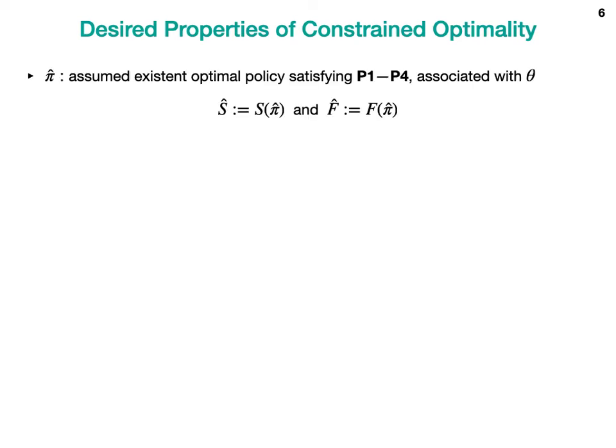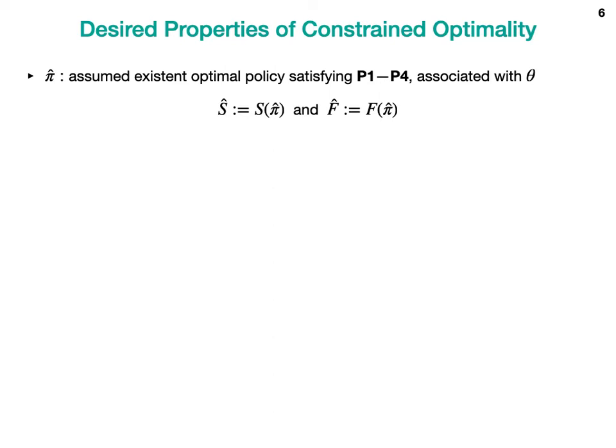Now we define the properties that we want our constraint optimal solution to satisfy. We denote pi hat the assumed existent optimal policy satisfying the properties P1 through P4 that we'll describe, associated with the threshold.